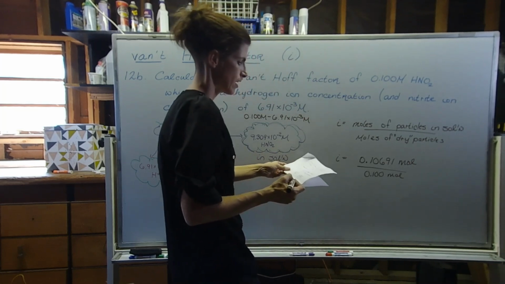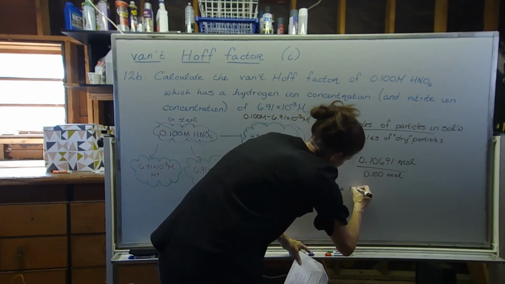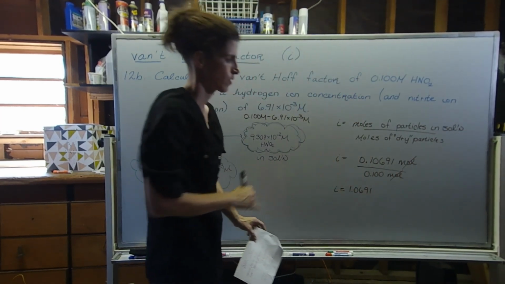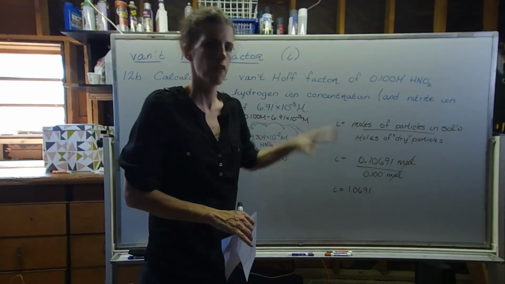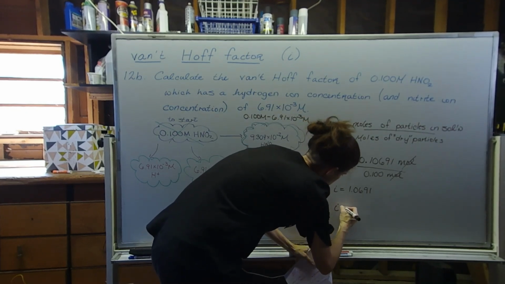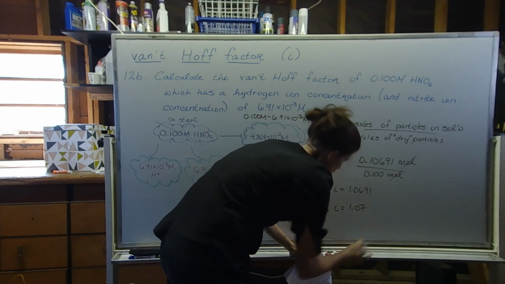And then when I divided those two things, I got an i value of 1.0691. It's unitless. Probably 3 sig figs here because of the 3 sig figs with both values. So for nitrous acid, I would report an i value of 1.07.